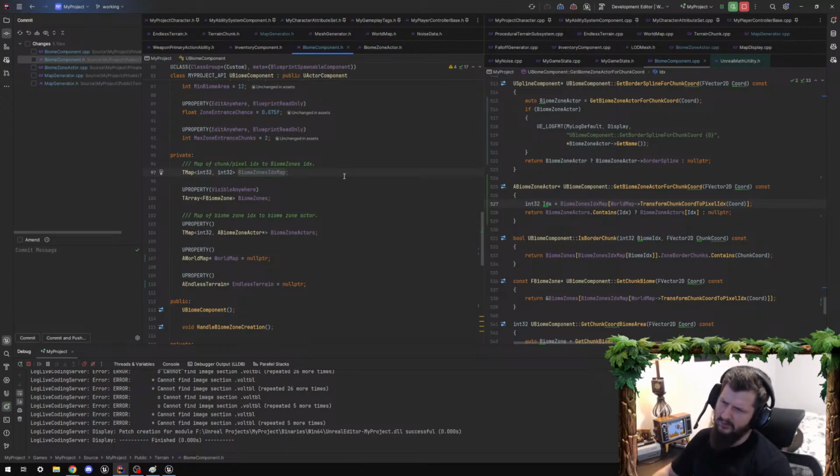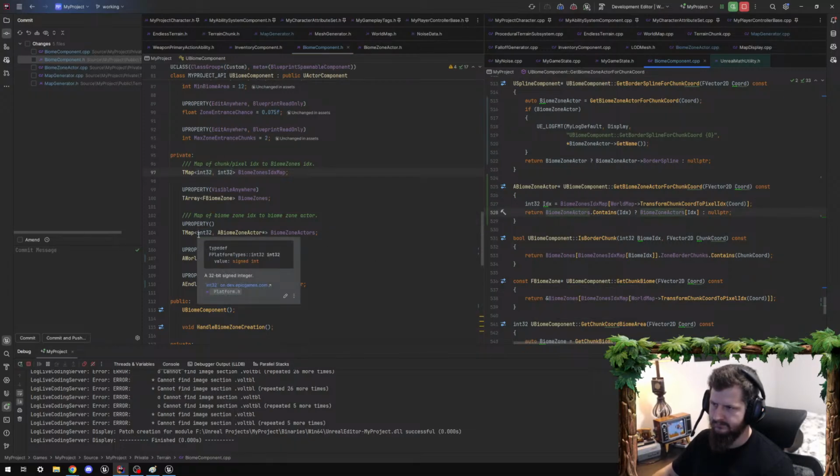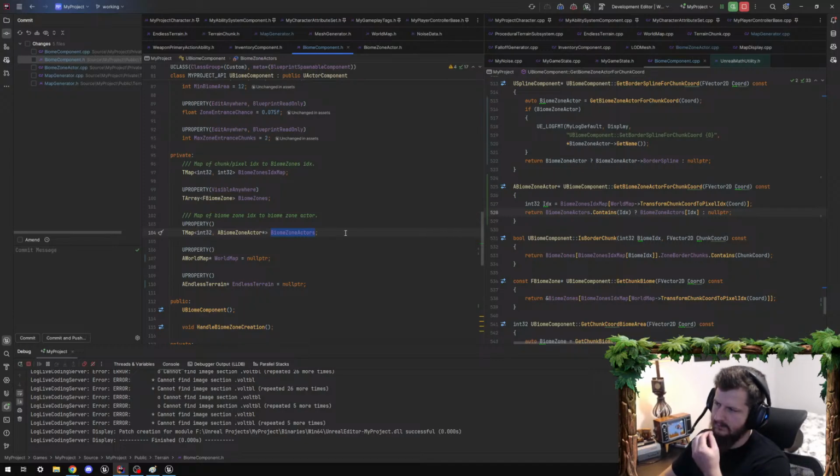Okay, no, that should be right. Or no, it's not, because those indexes don't match up. I need to... Wait, no, this should be right.